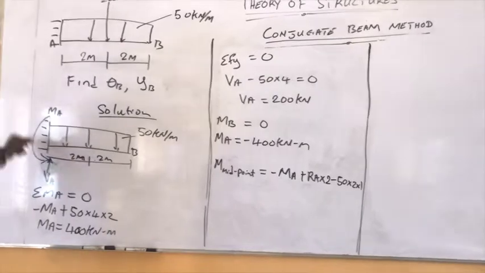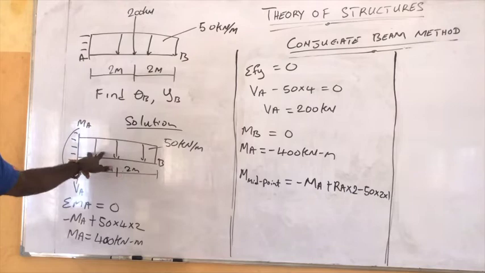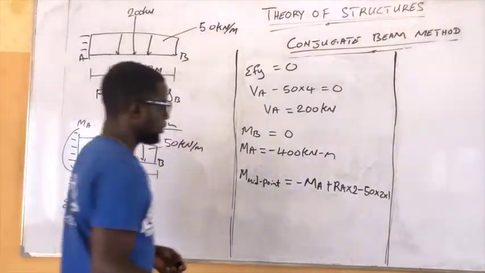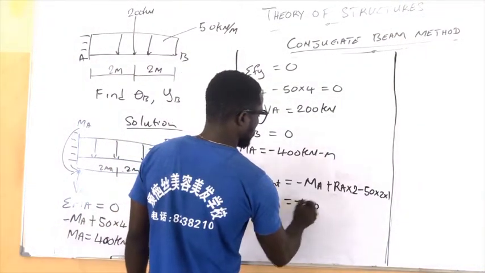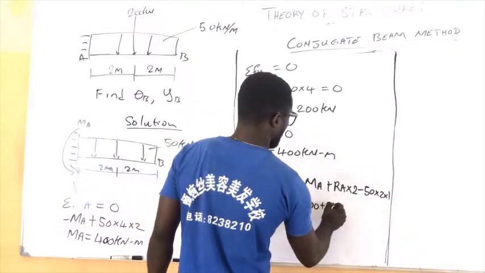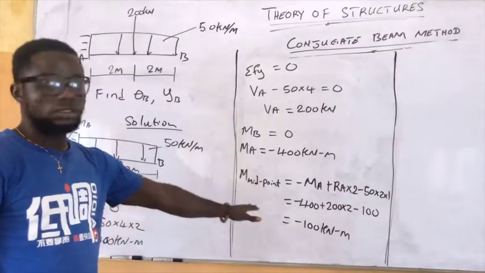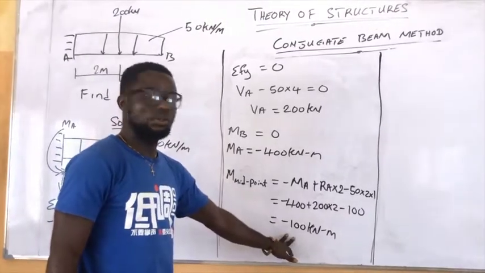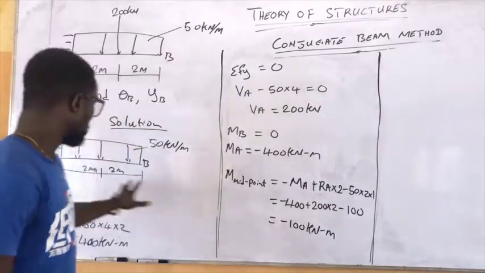So the MA is negative, the RA goes in the clockwise direction, and the UDL also goes in the anti-clockwise direction. So we have minus 400 plus 200 multiplied by 2 minus 100. You evaluate this, you have that this is equal to minus 100. So we have gotten the points for this UDL.